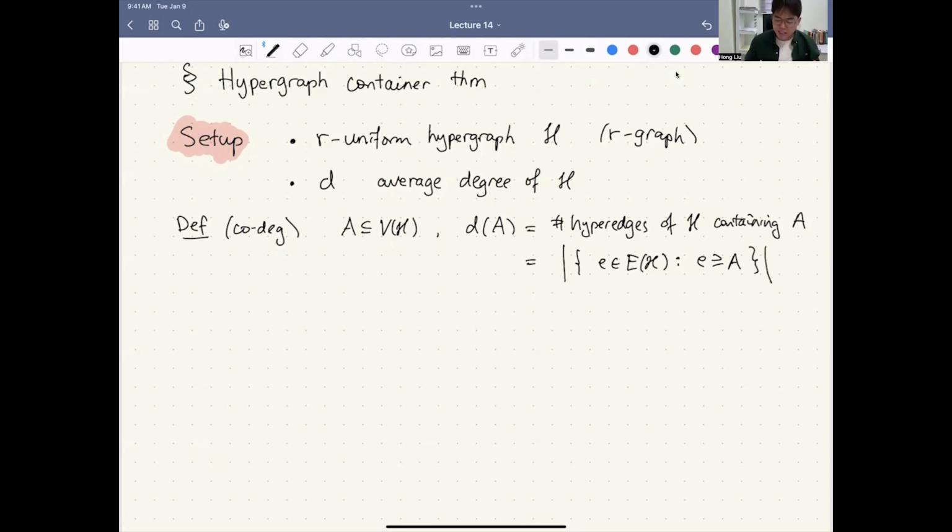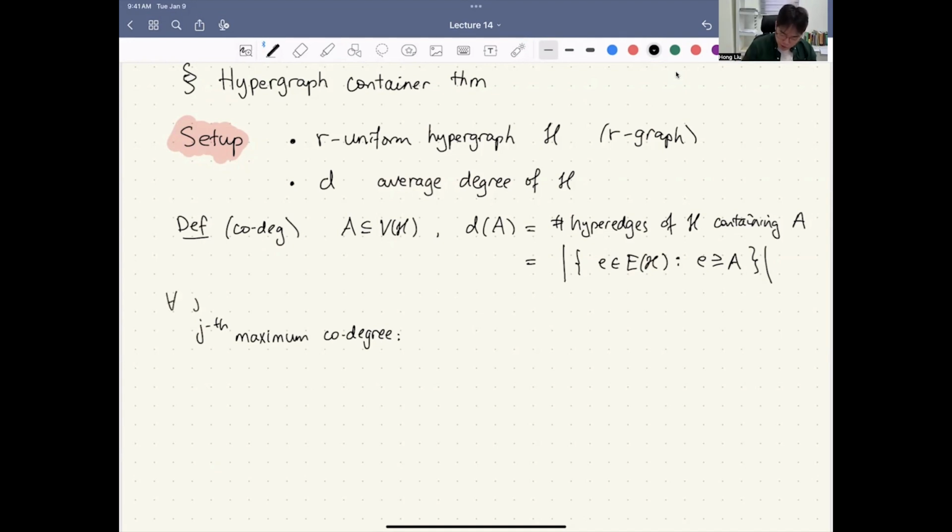Now we can define the maximum j-codegree, which is the maximum codegree over all sets of size j. This is called the j's maximum codegree, where j of course ranges from 1 to r, since we are in an r-uniform hypergraph.